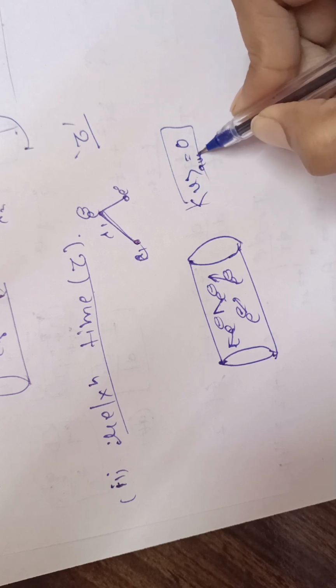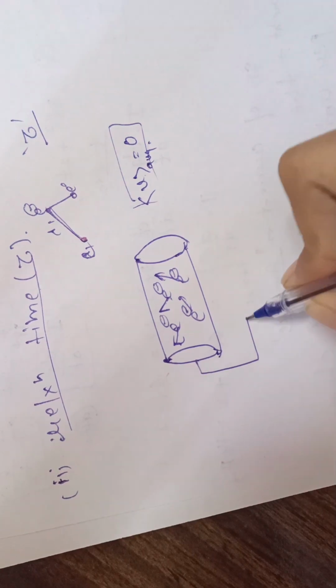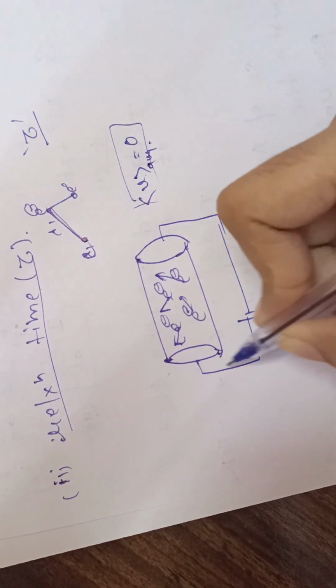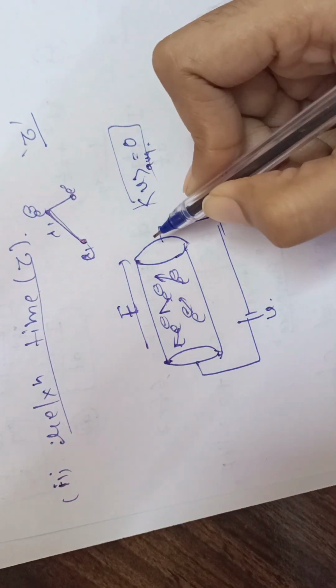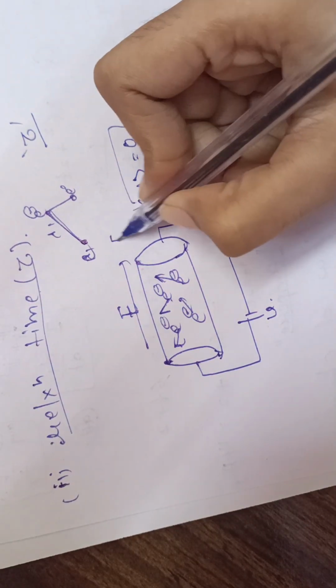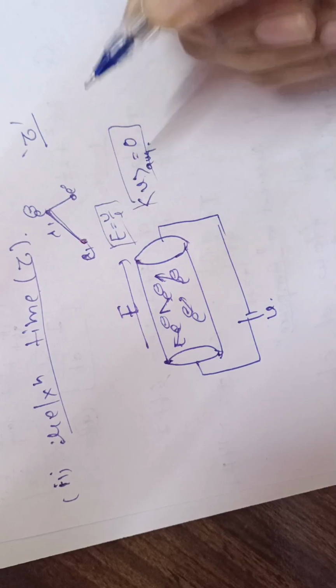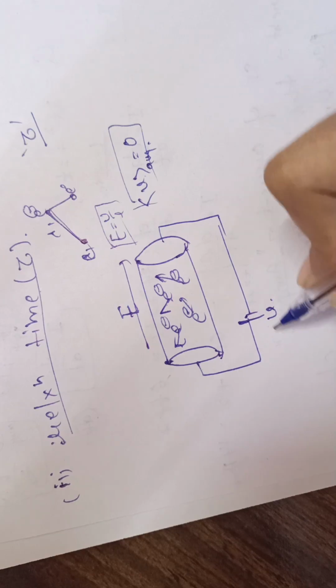But if we connect it to a voltage, it will give an electric field. Obviously we know that E equals V by d.